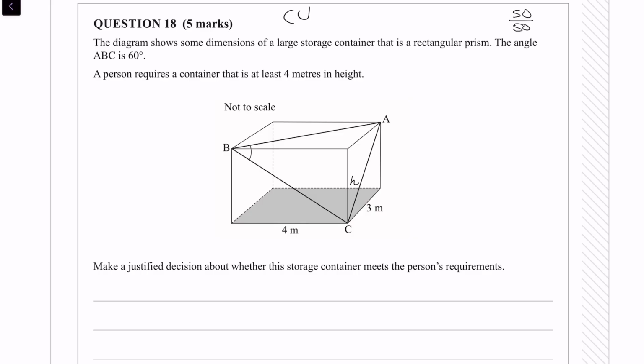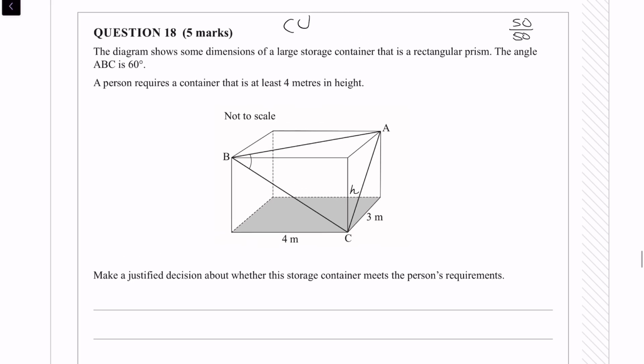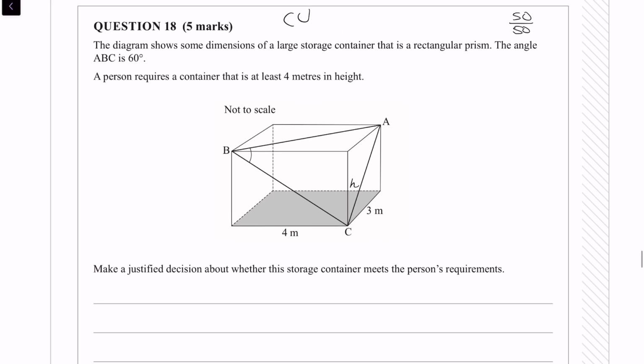So you can see here with 5 marks, you really have a lot of opportunity to gain at least most of the marks. But I'll be showing you how to get full marks for this question, and it's actually not a bad one if you think. It looks complicated, but it's actually not too bad. So the diagram shows some dimensions of a large storage container that is a rectangular prism.